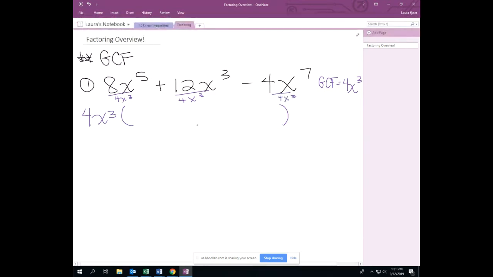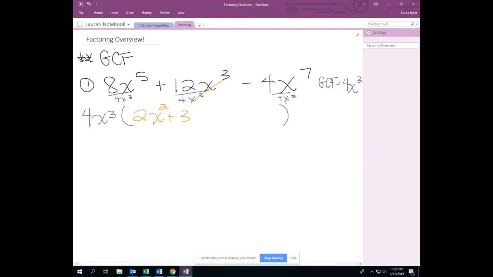So I'm going to go through and divide this thing out. 8 divided by 4 is 2. X to the 5th divided by x cubed is x squared. 12 divided by 4 is 3. X cubed divided by x cubed actually just cancels, so there's not going to be a variable in that term.